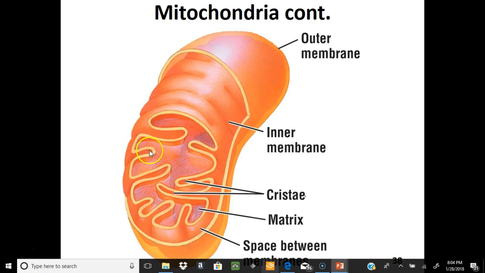The cristae here is where we have what we call an electron transport chain. Inside here we have other functions for aerobic respiration. The mitochondria also has its own DNA, 70S ribosomes, and a double membrane, as I said.